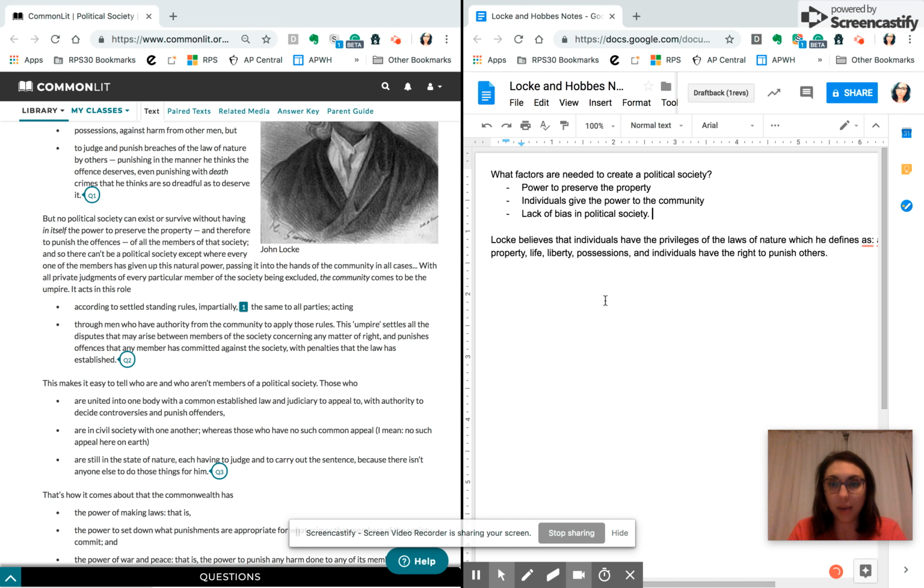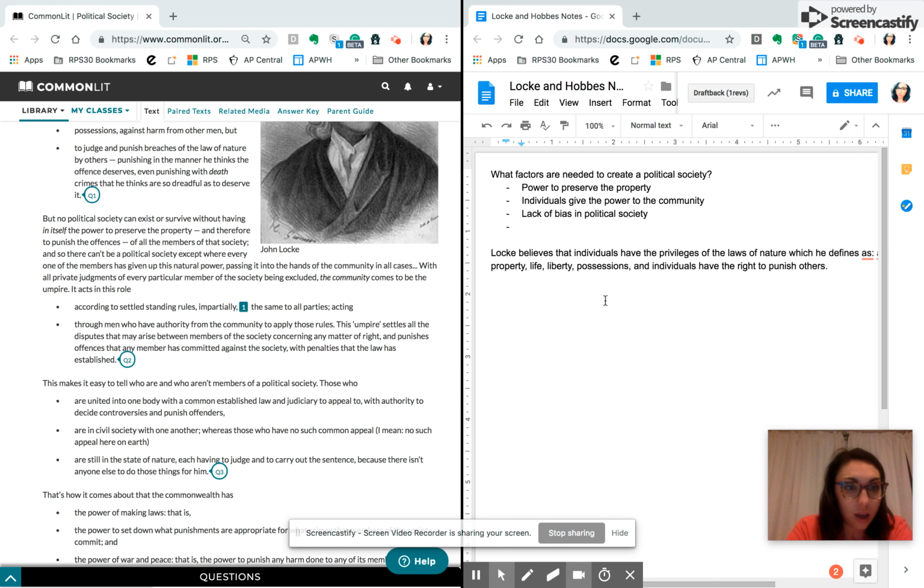Again, making it in my own words so that it is really my thoughts. Through men who have authority from the community to apply those rules. So men are given the authority to act for the community and punish offenses that any member has committed against the society with penalties that the law has established.